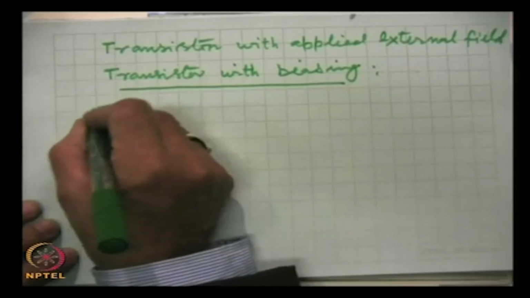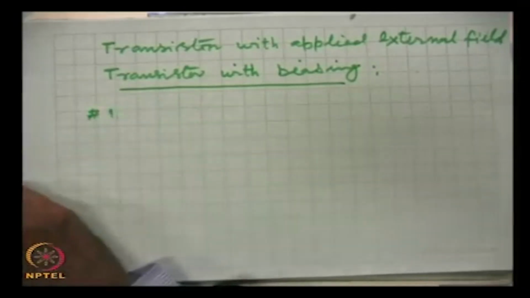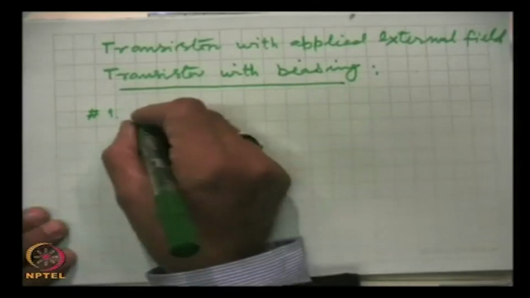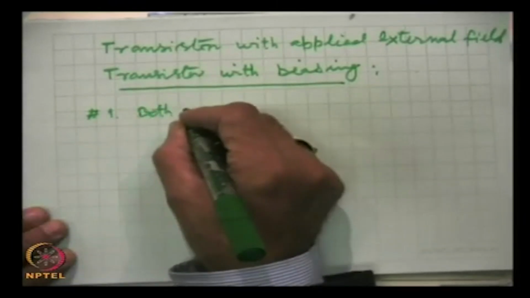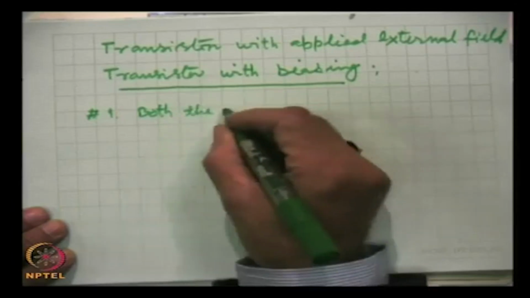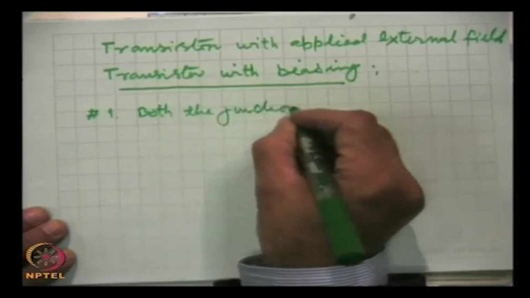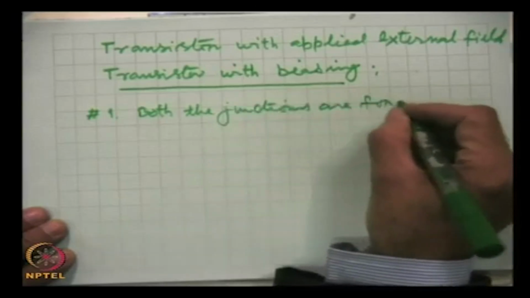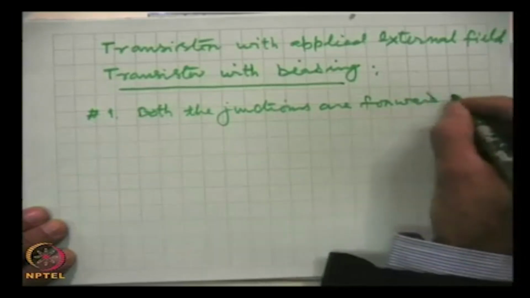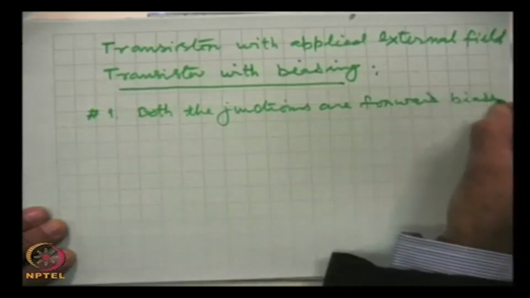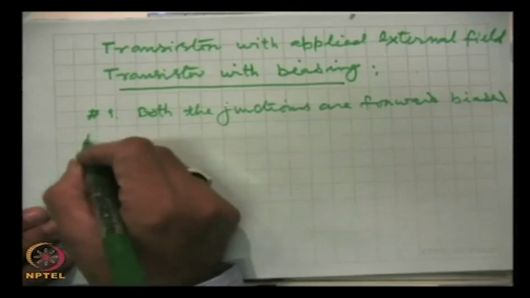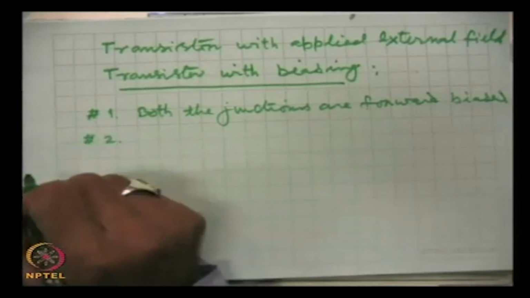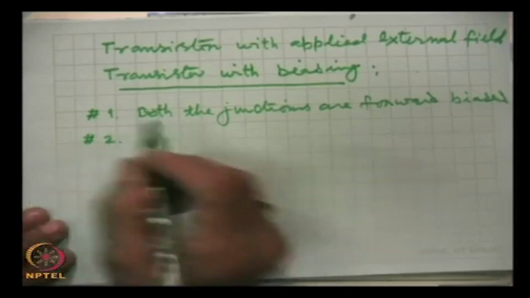The one is when both the junctions are forward biased. The other scheme is when both the junctions are reverse biased.